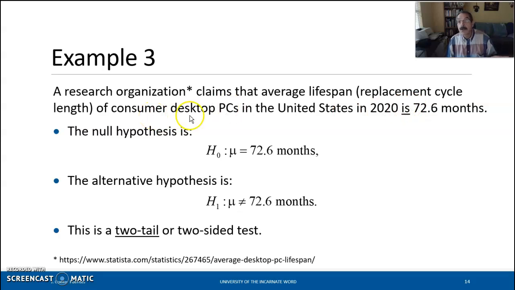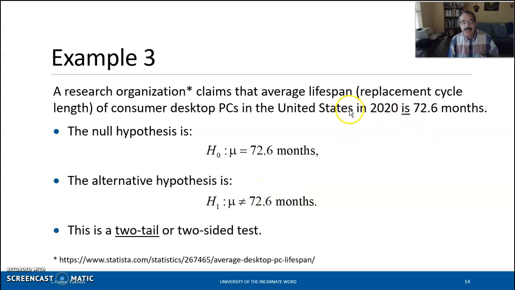So they're giving us the null hypothesis. Because this is equality, the null hypothesis is that the mean lifespan is 72.6 months, and the alternative must be that it is not 72.6 months. And that's what we write as the alternative hypothesis.